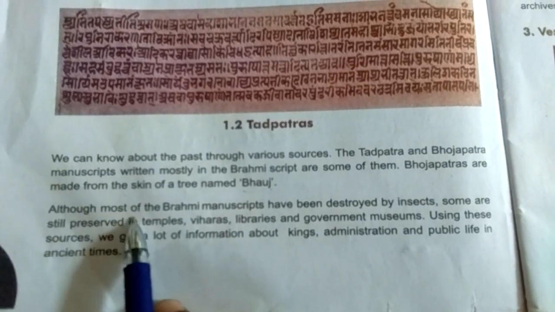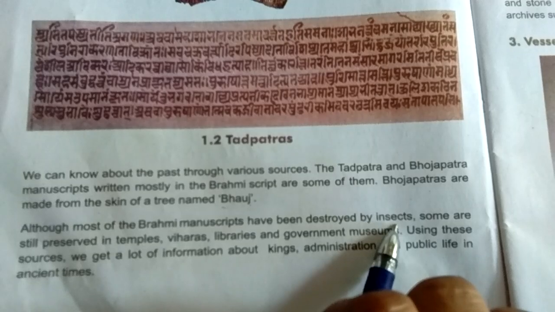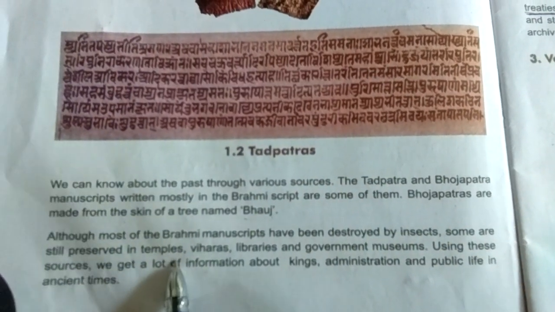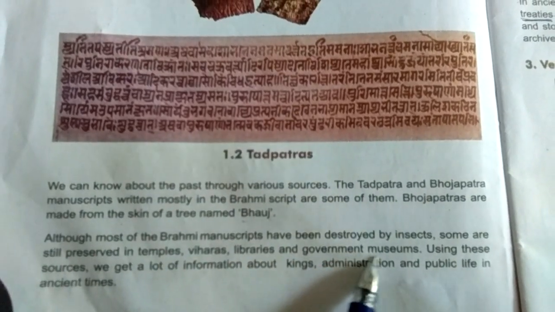Now, although most of the Brahmi manuscripts have been destroyed by insects, some are still preserved, meaning protected, in temples, viharas, libraries and government museums.